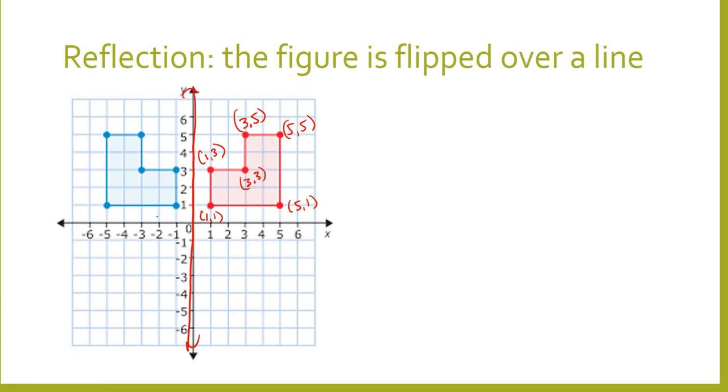So (1, 1) comes over here to (-1, 1). (5, 1) comes over here to (-5, 1). (1, 3) comes over to (-1, 3). (3, 3) gets reflected all the way over to (-3, 3). (3, 5) gets reflected over to (-3, 5). And (5, 5) gets reflected over to (-5, 5).